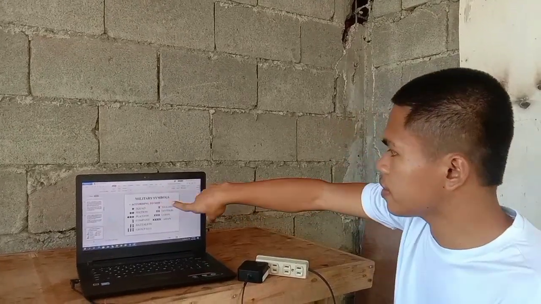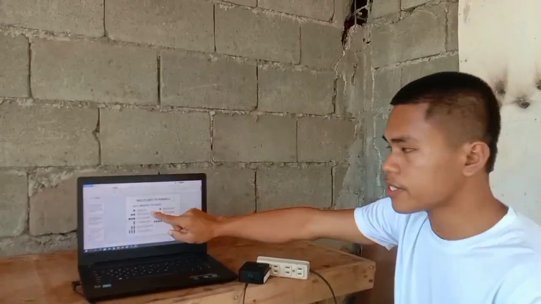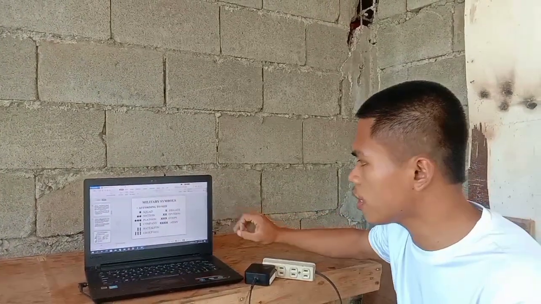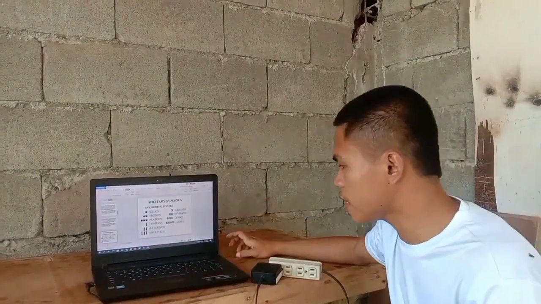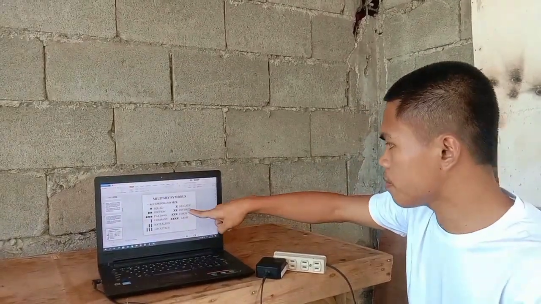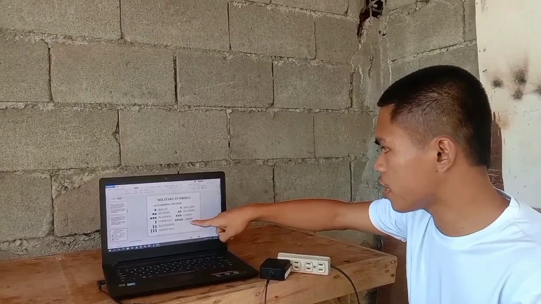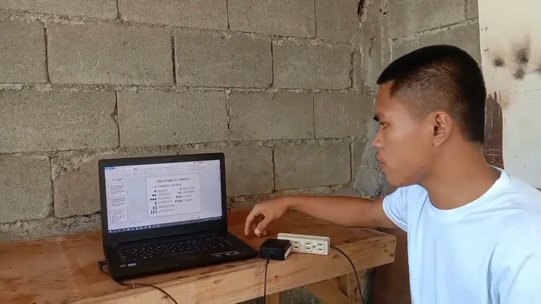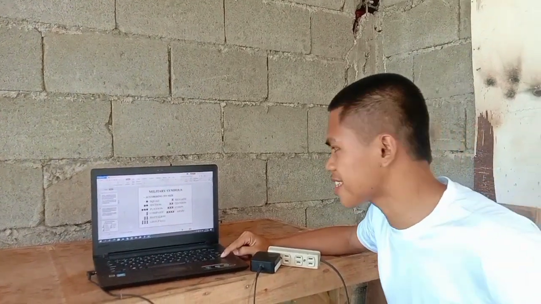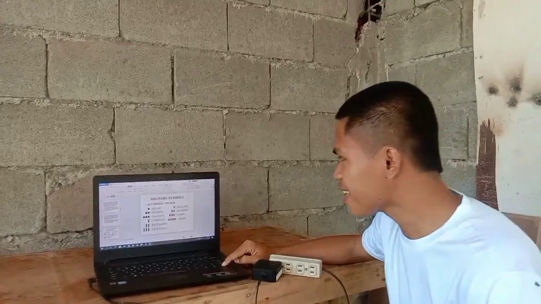Military symbols according to size: squad, section, and platoon. Squad is one, section is two, then platoon, company, and battalion or group, then brigade, division, corps, or army.